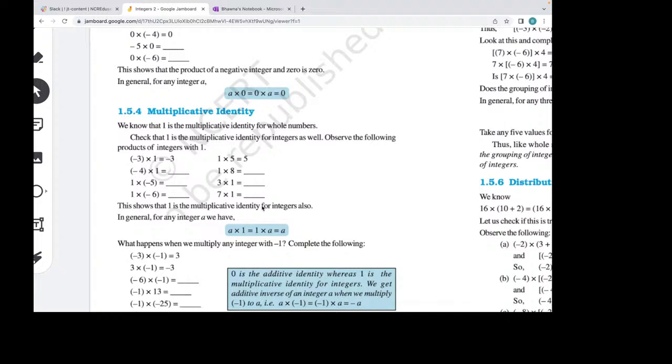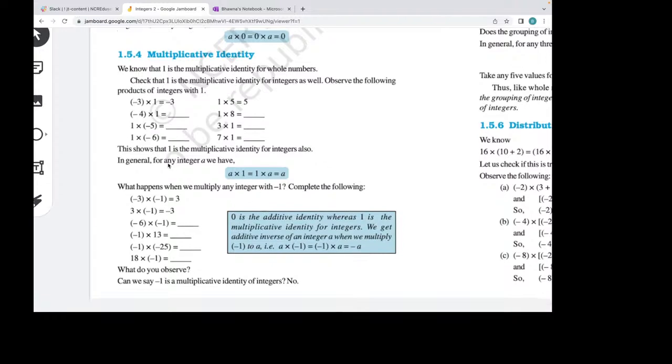So in general, for any integer a, we have a multiply 1 is equal to 1 multiply a is equal to a. When you multiply by 1, only then are you going to get the same number. 0 is the additive identity, which we have figured out, whereas 1 is the multiplicative identity for integers.